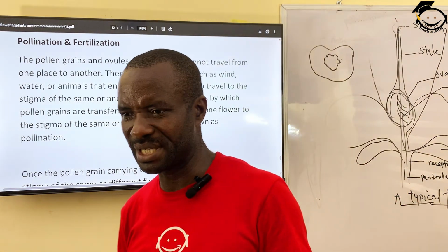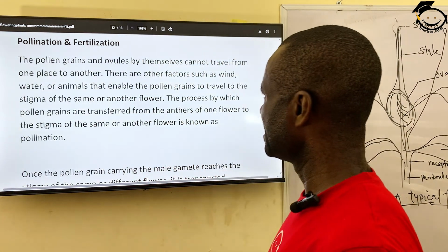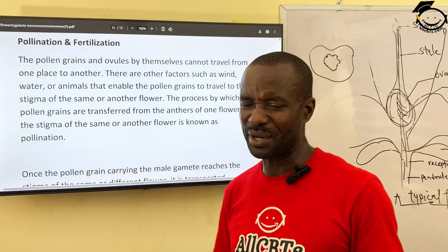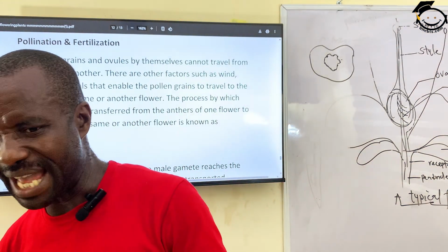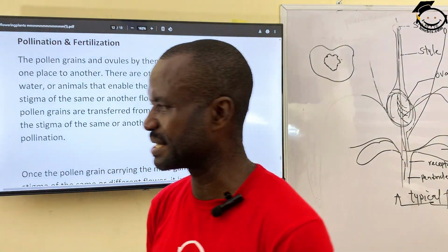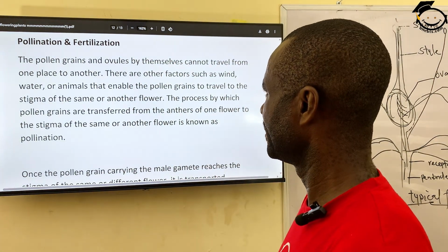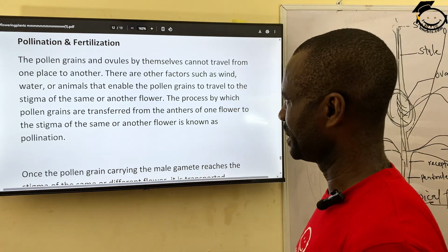There is no possibility for the male and the female to meet. There are some agents, we call them agents of pollination, that help to cross these two structures in their path. They are either wind, water, or animal.